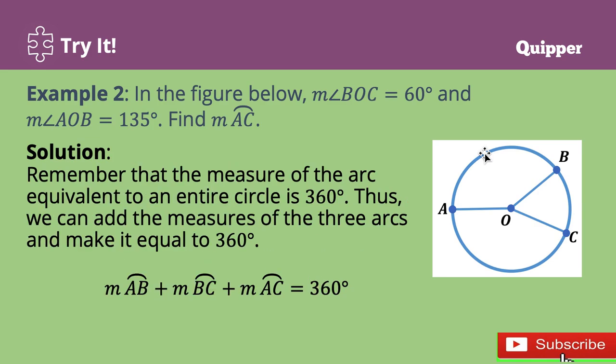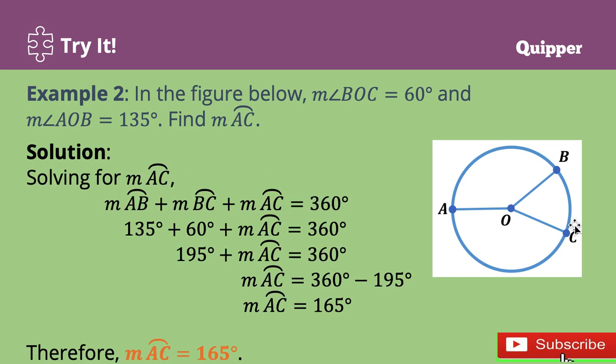Remember that the measure of the arc equivalent to an entire circle is 360 degrees. Thus, we can add the measures of the three arcs and make it equal to 360 degrees. Measure of arc AB plus measure of arc BC plus measure of arc AC is equal to 360 degrees. That's the entire circle.